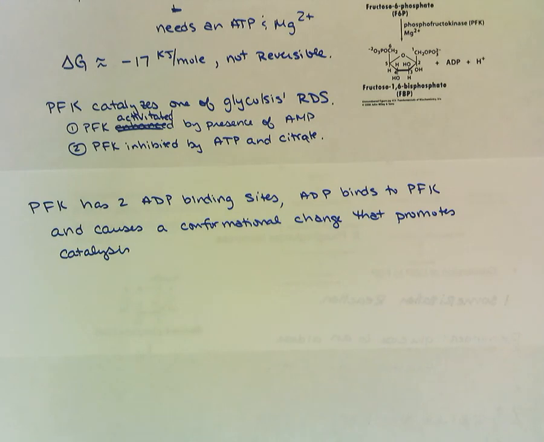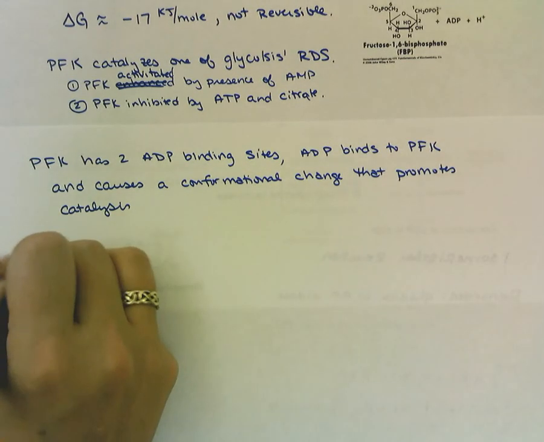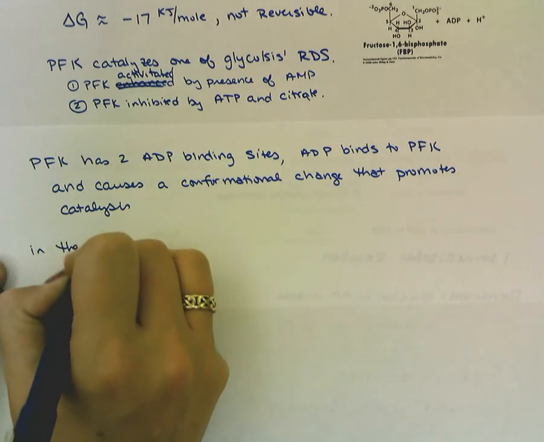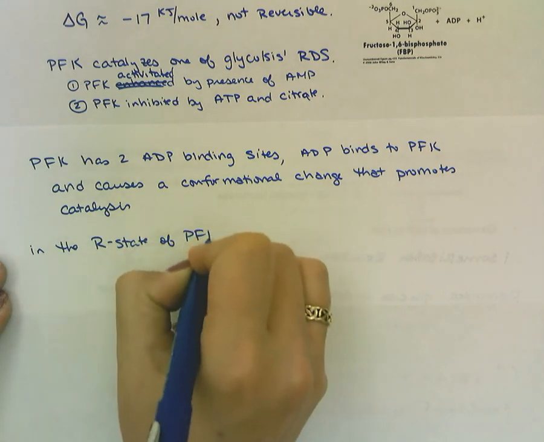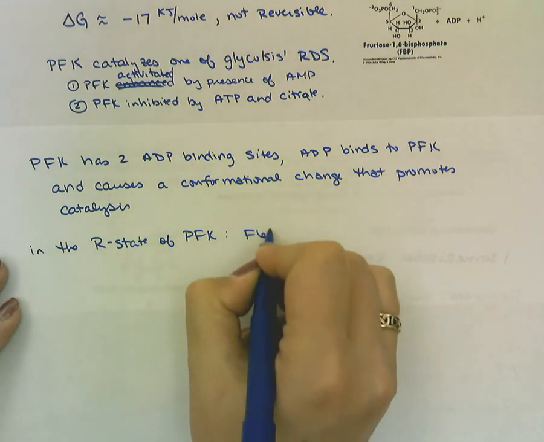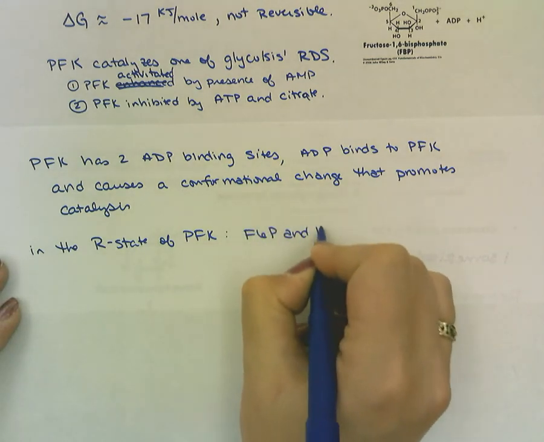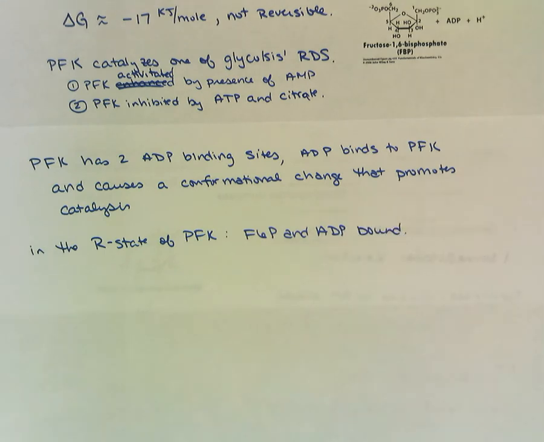Trying to see which one it's going to be. I'll do this first, then I'll show the next slide. So just like hemoglobin, there's going to be an R state and a T state.